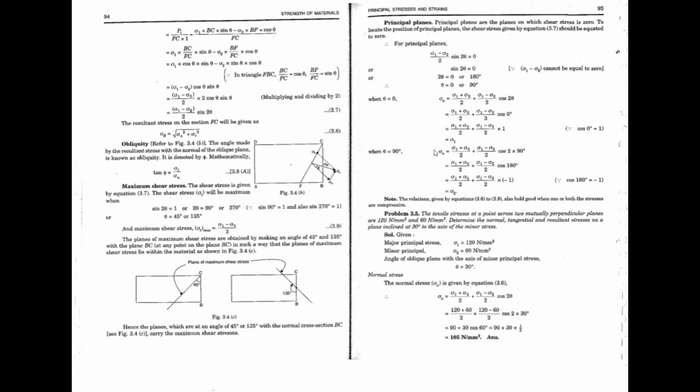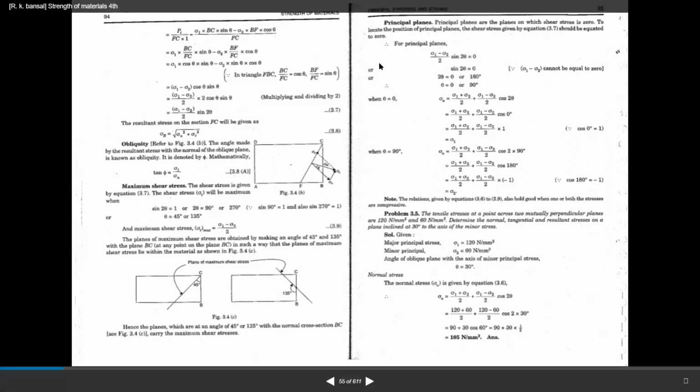Half of the first unit is completed; the other half is theory of failures. I will start after completing these analytical method second case problems.